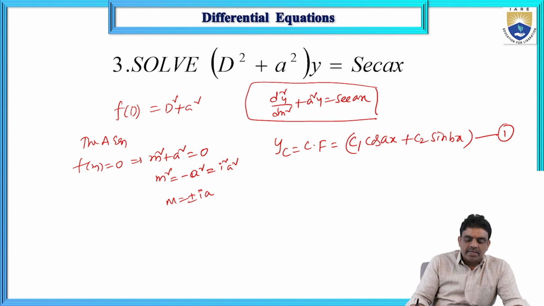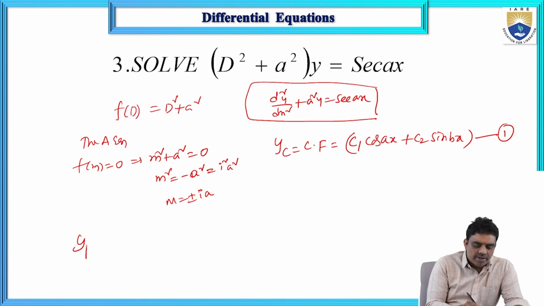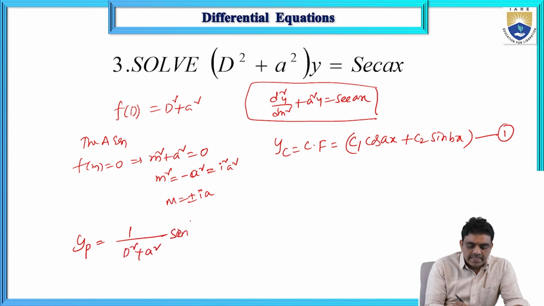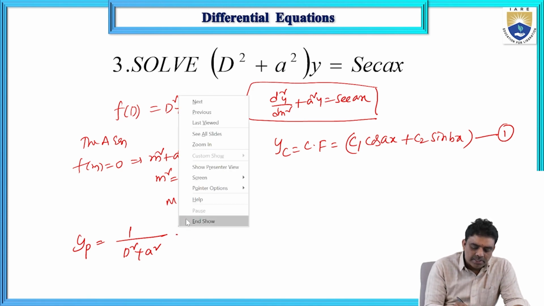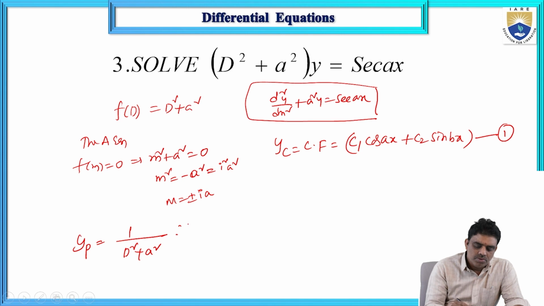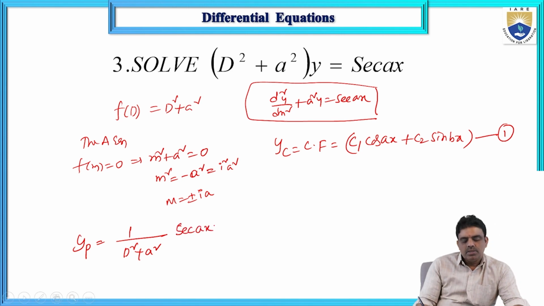Now to find the particular integral. So how to find yp? yp is equal to 1 by d square plus a square of secant ax. To operate secant ax with 1 by d square plus a square, you cannot do it directly.